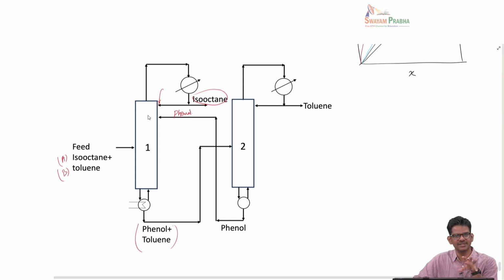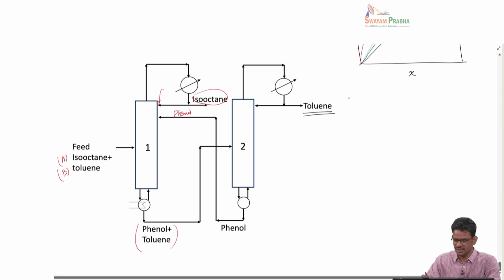So, you can see that these two columns are operating in coupled fashion, so that phenol is constantly supplied as a solvent to the top of the column. And the pure products are taken from the second column, toluene is taken off, from the first column isooctane is taken off, which is what we actually wanted to separate in the first place.